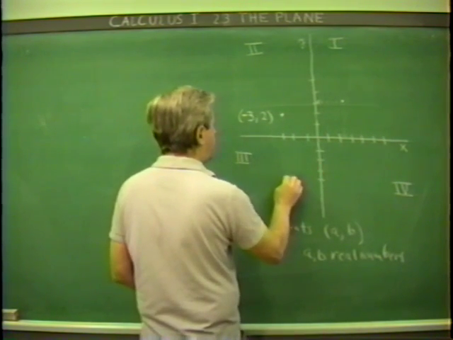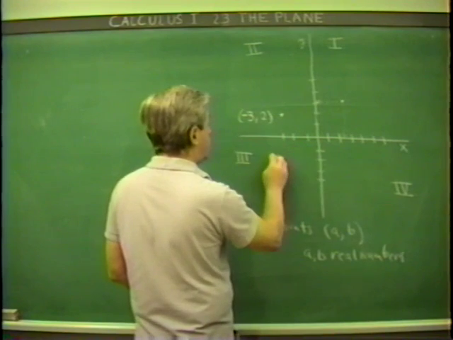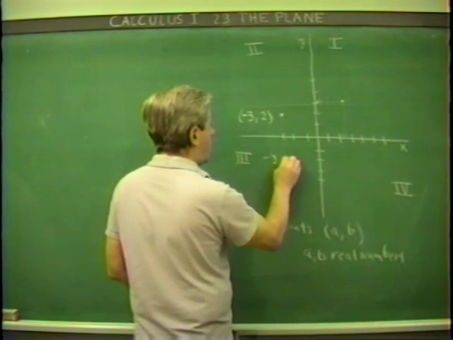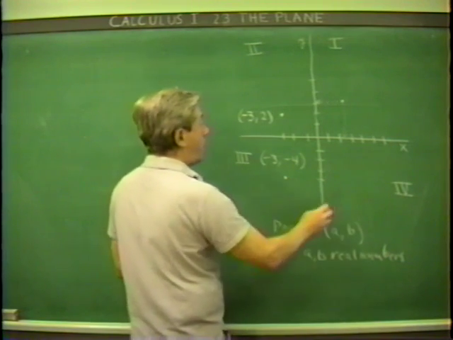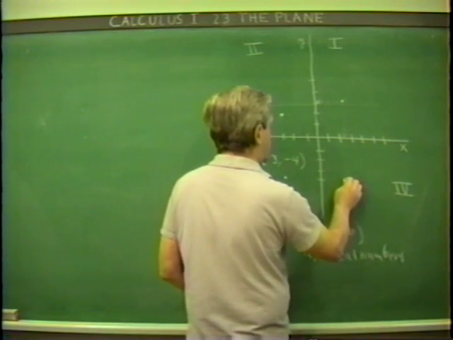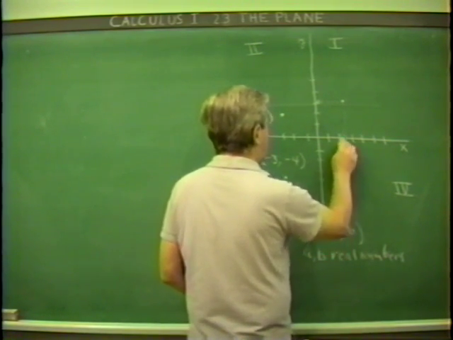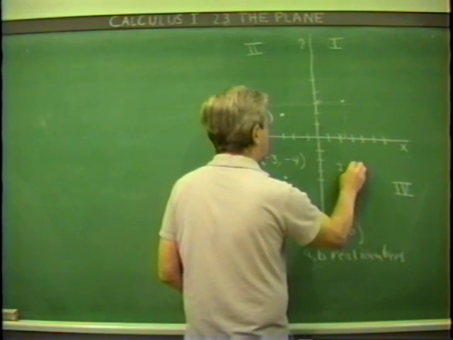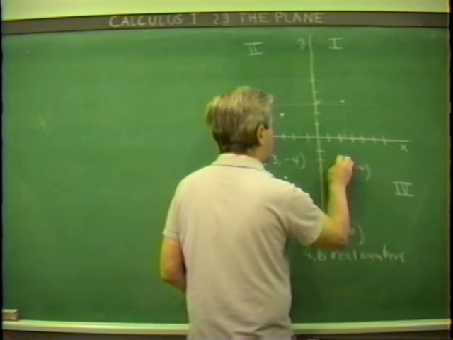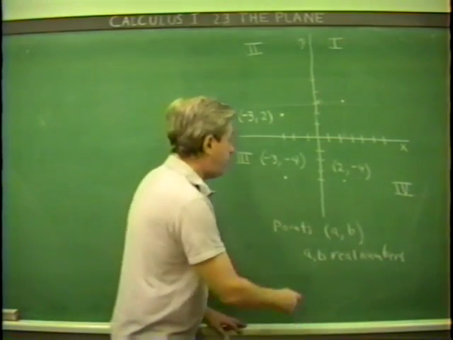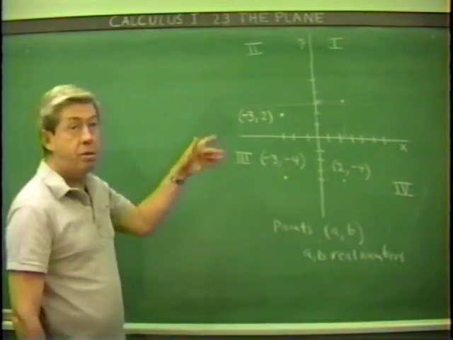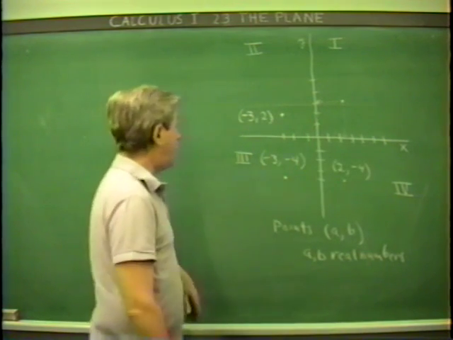Here would be perhaps the point minus 3, minus 4. And here perhaps the point 2, minus 4. Every point in the plane corresponds to a pair of real numbers, and every pair of real numbers allows you to locate a point in the plane.